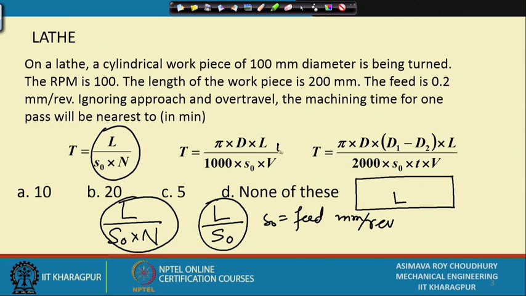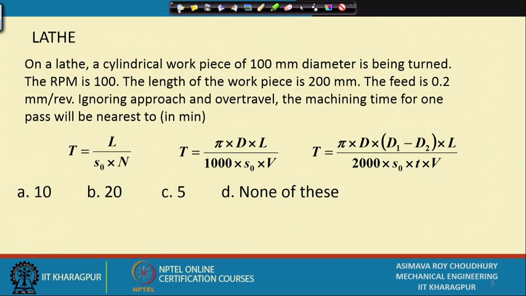Now, what about these calculations? N might not be given. If n is not given, we have to find out the value of n, and if you remember, pi d n by 1000 is equal to the cutting velocity. So, that might come in handy. Let me remove all the written material.